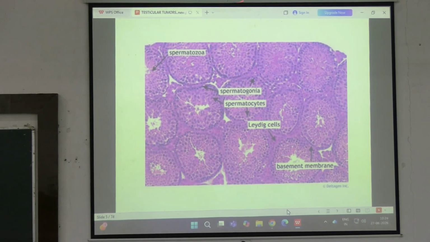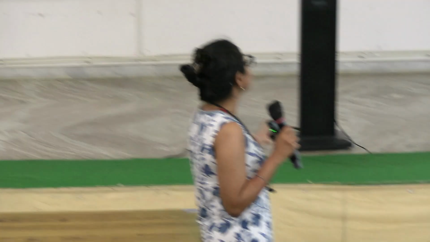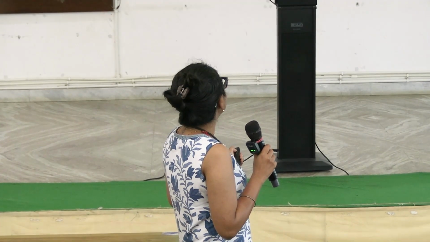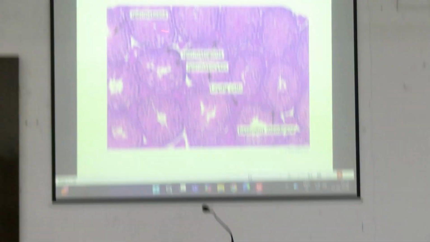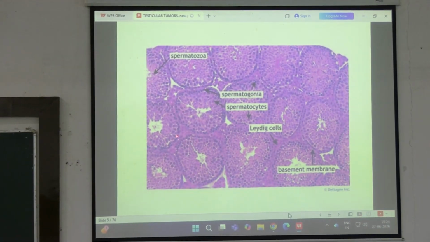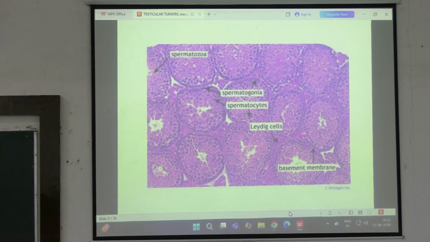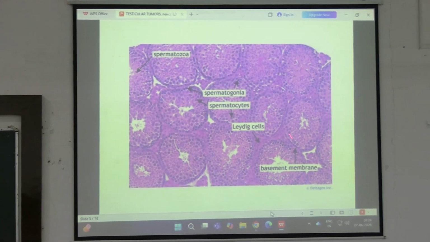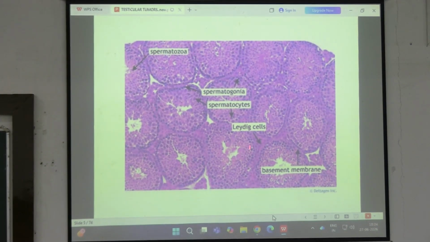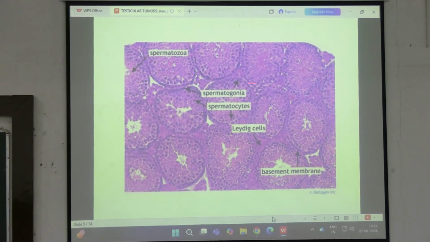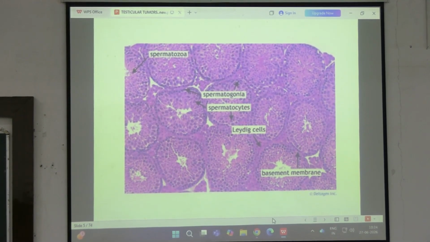Okay, so what are these round structures? There are two things: these round structures, and in between them there are some areas. So in between these round structures is the interstitium, okay? What are these? Seminiferous tubules, right?